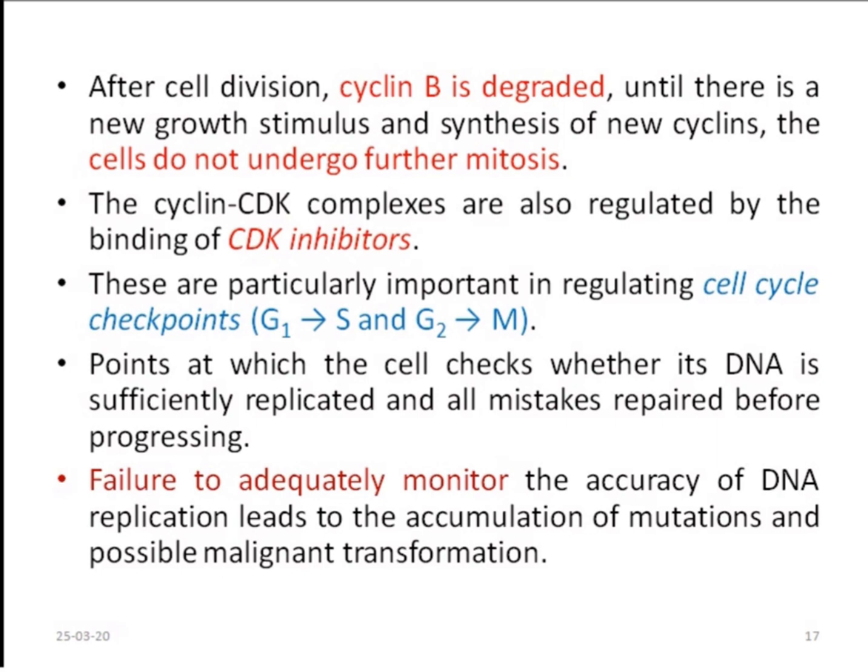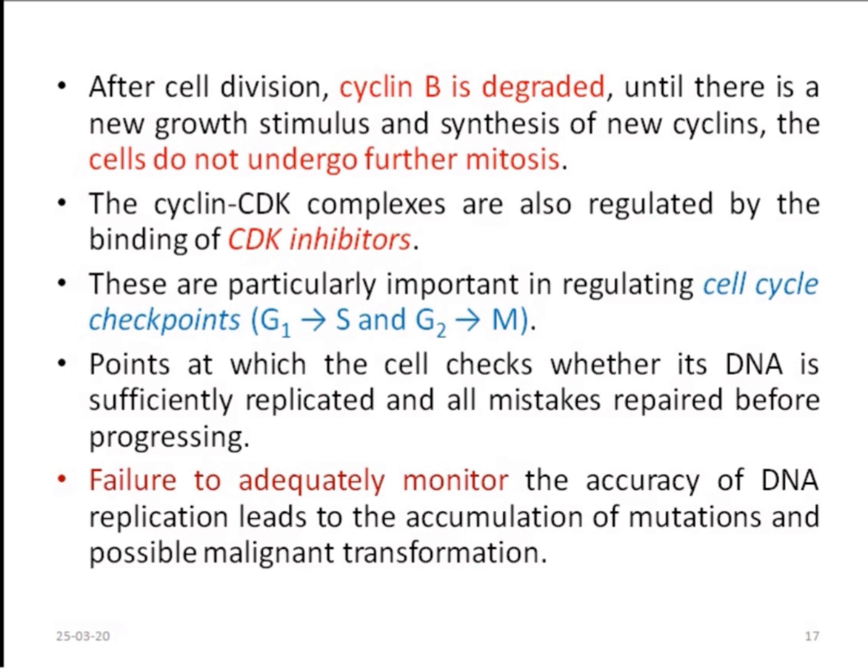You can ask me one question here: when so many control mechanisms are there in your body, then why does cancer happen? Okay, the body is taking care of so many controls and checkpoints, even though cancer is happening. Why? That's why it is one of the rare diseases, right? It doesn't happen to everyone.